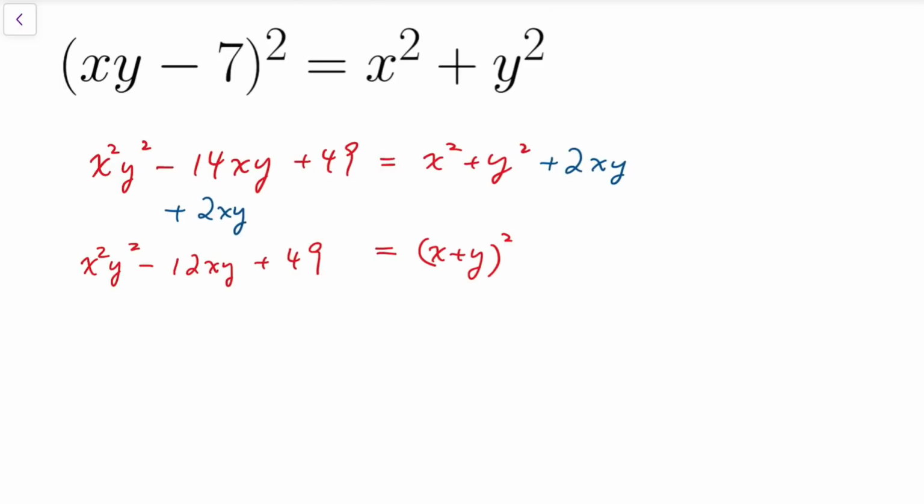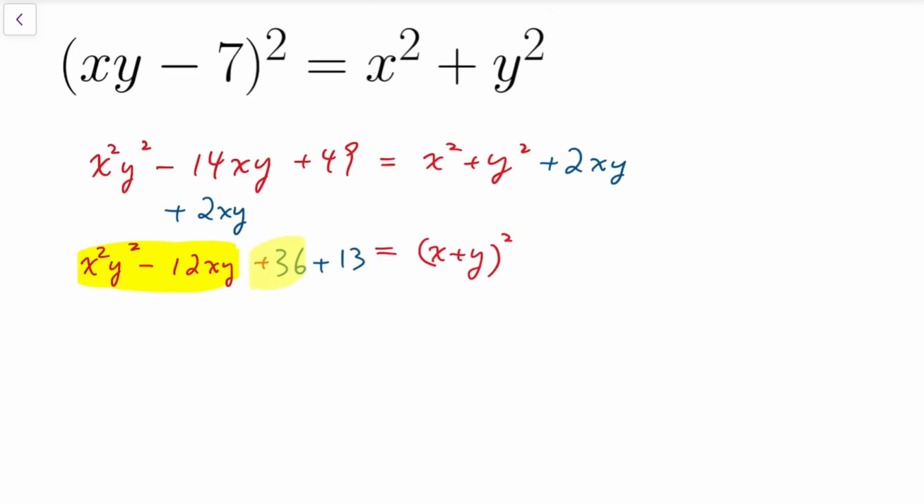Then you notice that if we just focus on the first two terms, and if we add an extra 36 on these two terms, then we'll have another perfect square, which is (xy - 6)². So to do this, I'm going to take out 13 from the 49, which means I have 49 becoming 36 plus 13.